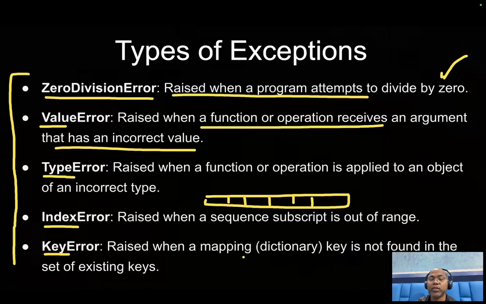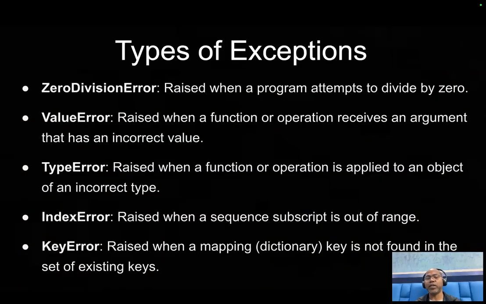Whenever you are working with a dictionary or map, you generally work on the key and value concept. What happens if the particular key does not exist? Then you get a key error. Okay. I'll show all the types of exception, but these are the major types you should be aware of initially.